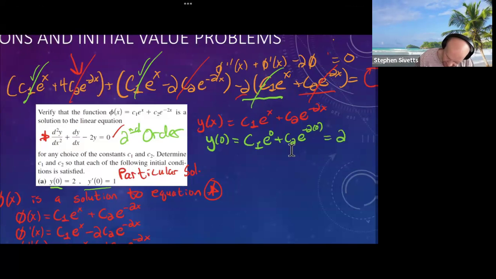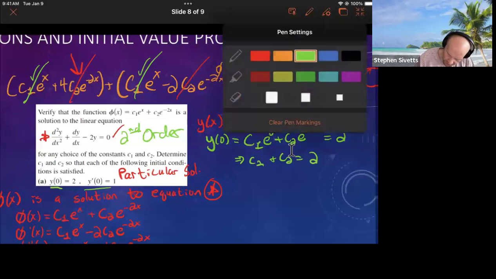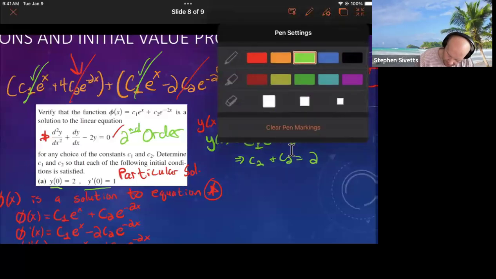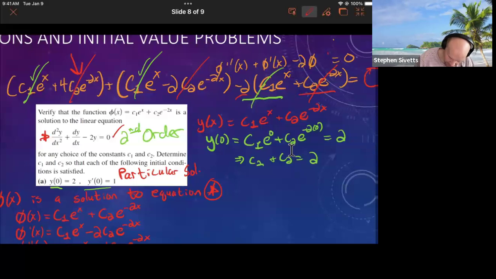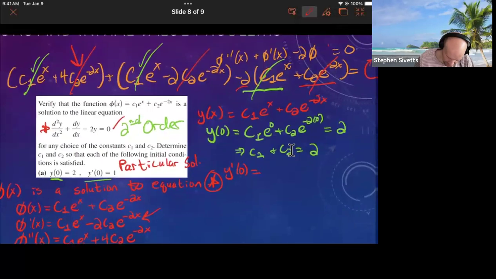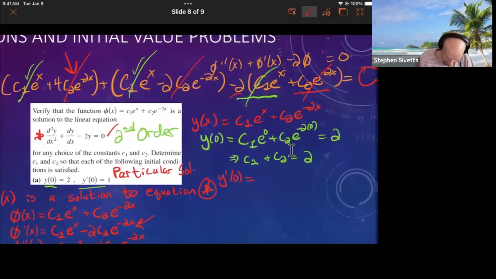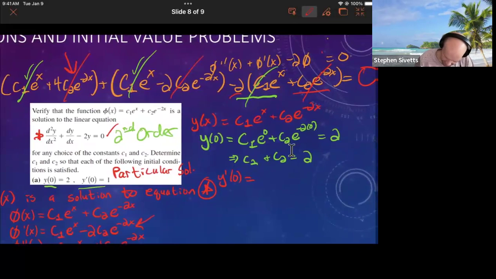So what this means is that c1 plus c2 equals 2. And we also know that y prime of 0 equals 1. So here was phi prime of x over here, which would be the same as y prime of x.